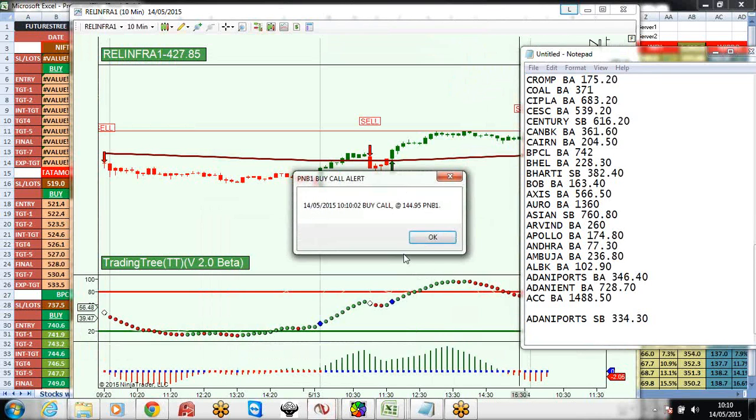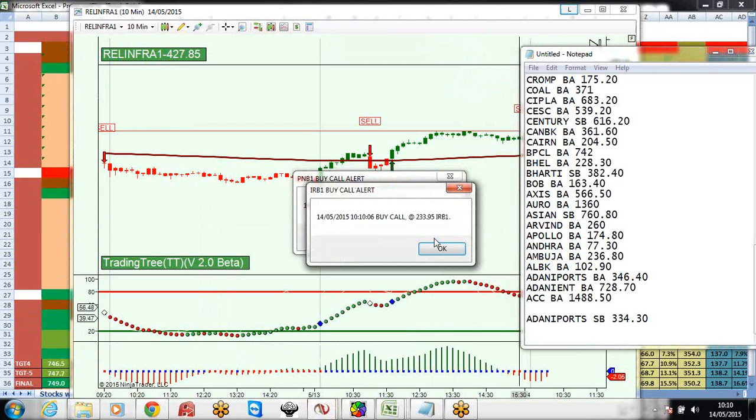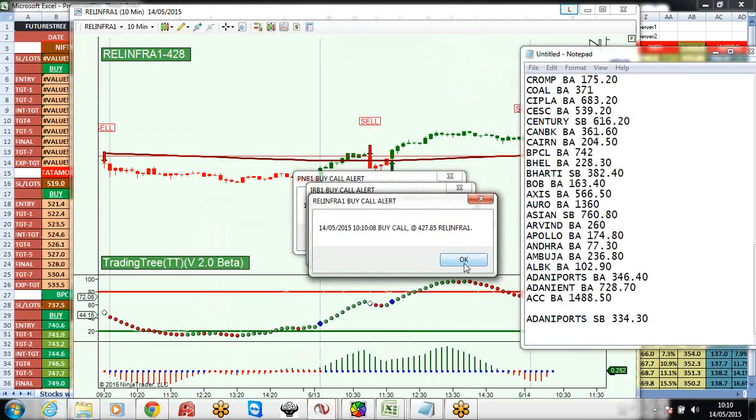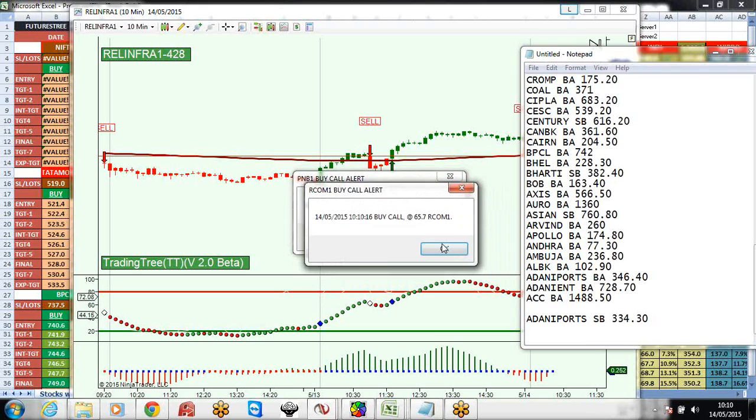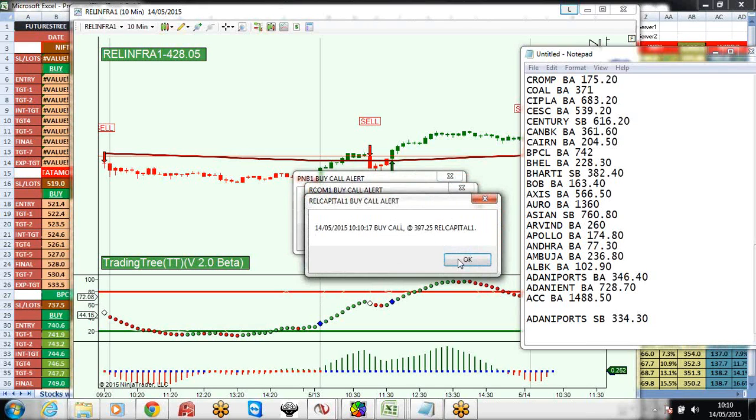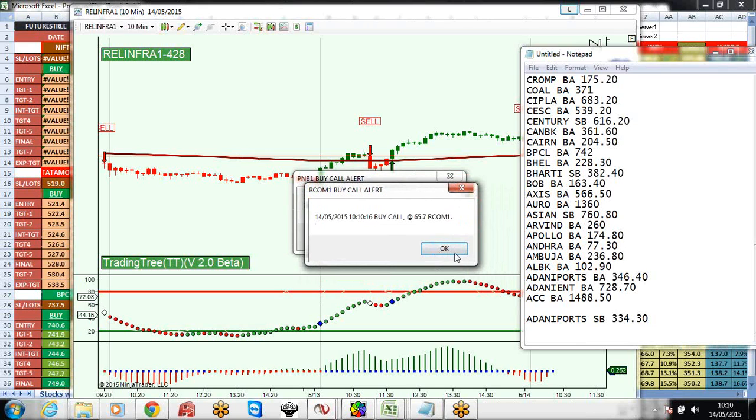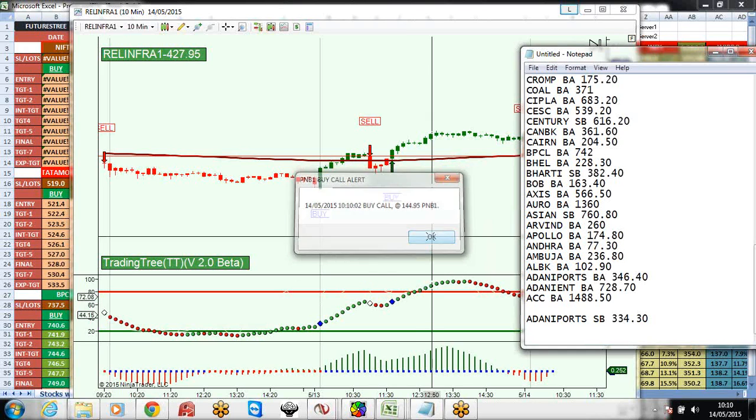There is a buy. So we have some buy calls here. Real Infra buy, IRB. So RCAP, RELCAP, RCOM, PNB.